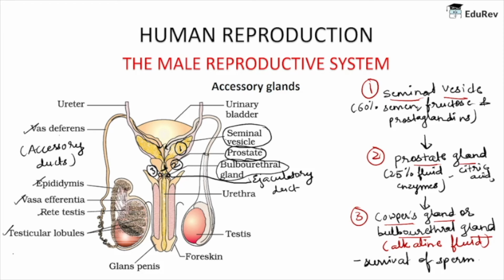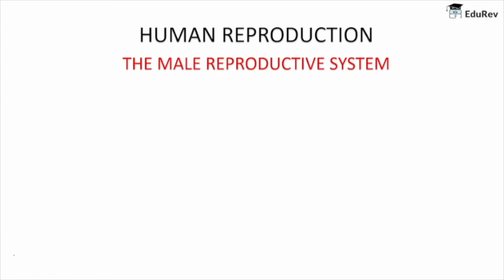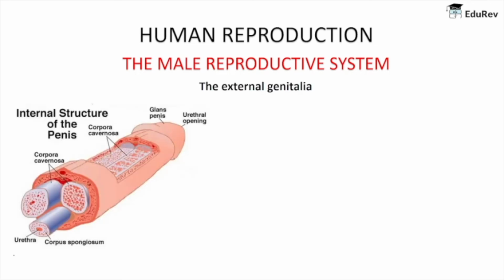We studied till now that from the testes through the accessory ducts to the accessory glands, till here the sperm has traveled. Now we will move further with our topic. Moving on to the last part of the male reproductive system, that is the external genitalia. External genitalia is the muscular structure known as the penis.